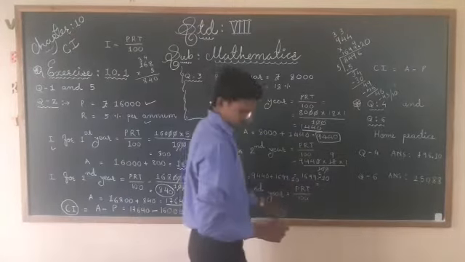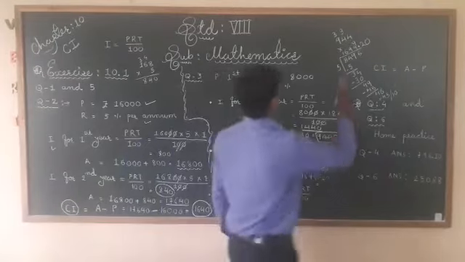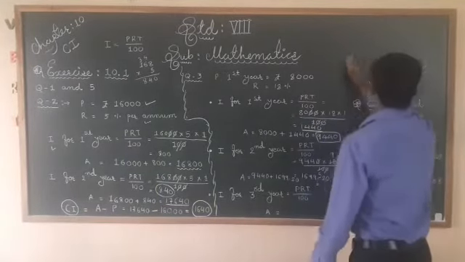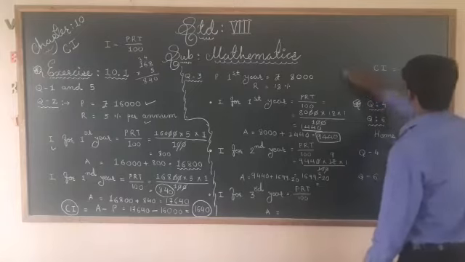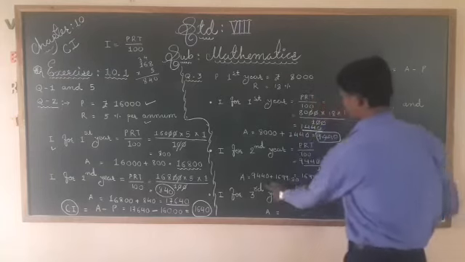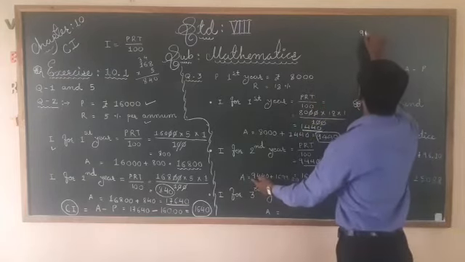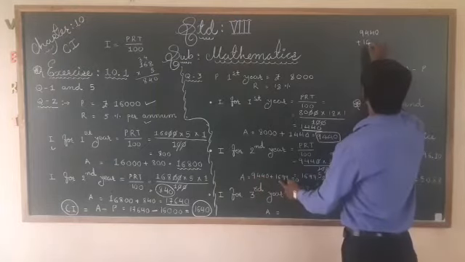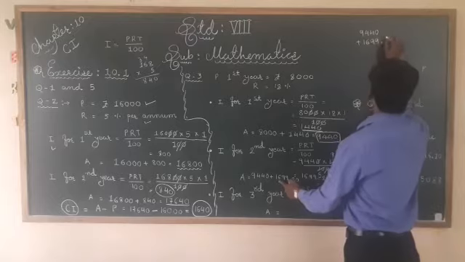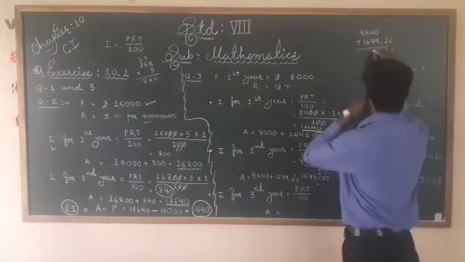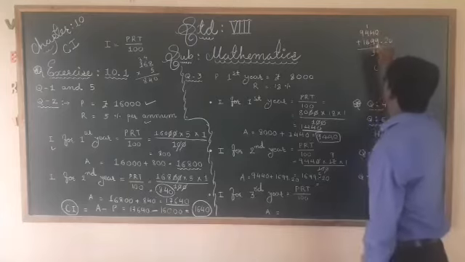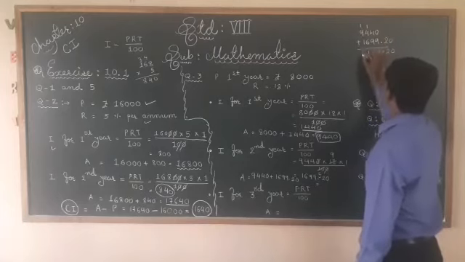If you do the addition of these two, 9,440 plus 1699.20: 20 as it is, 9 plus 4 is 13, 1 carry, 11, 1 carry, 11.